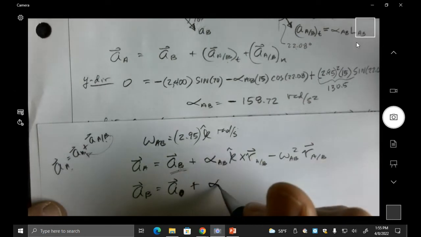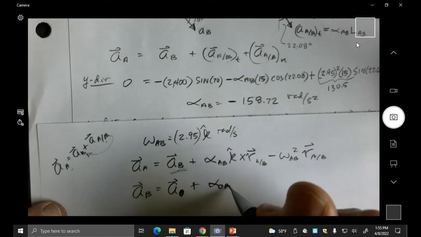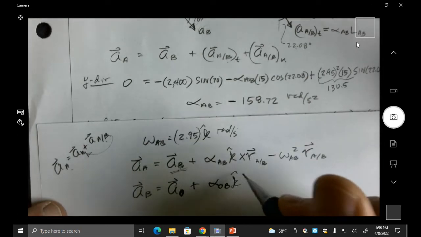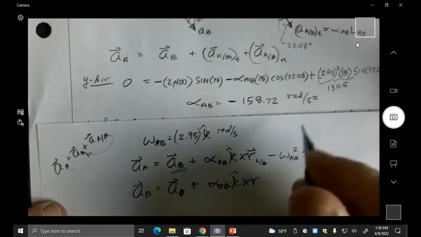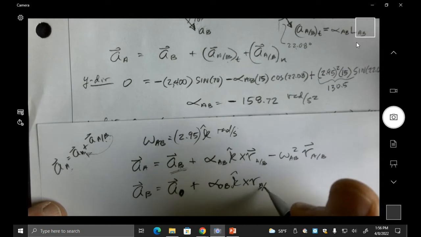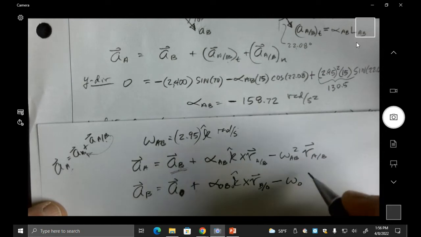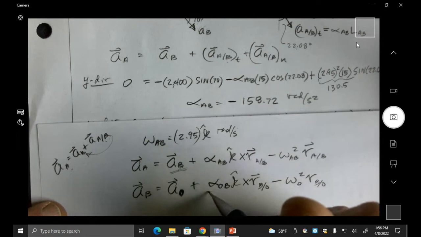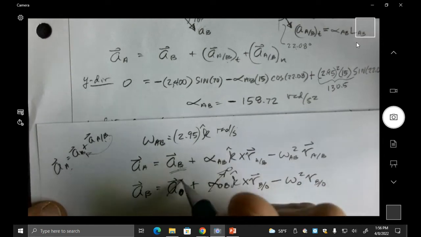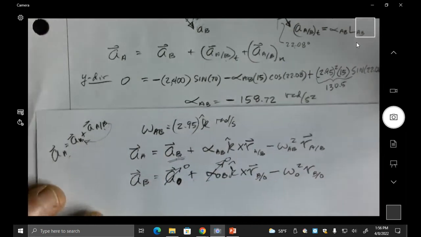And I'll write out the entire thing, even though it's not necessary: K crossed with R, B with respect to O, minus omega, they called it O, so I'll keep it that way, and then R, B with respect to O. So we were told that's 0. This is stationary, so we didn't need it.